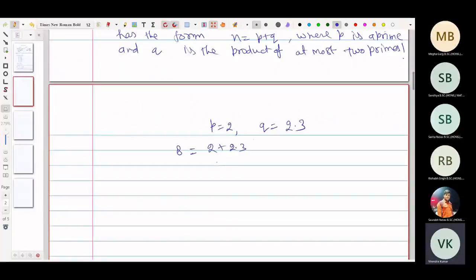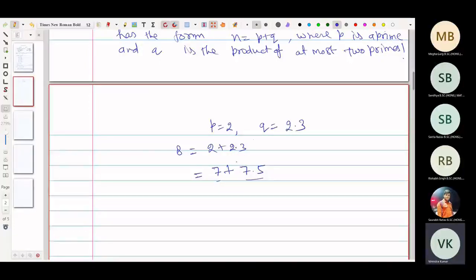In the other way also, you can take p equals 7, and another you can take 7 into 5. Okay, so if the sum of these two is going to be an even number, it means either both should be odd or both should be even.